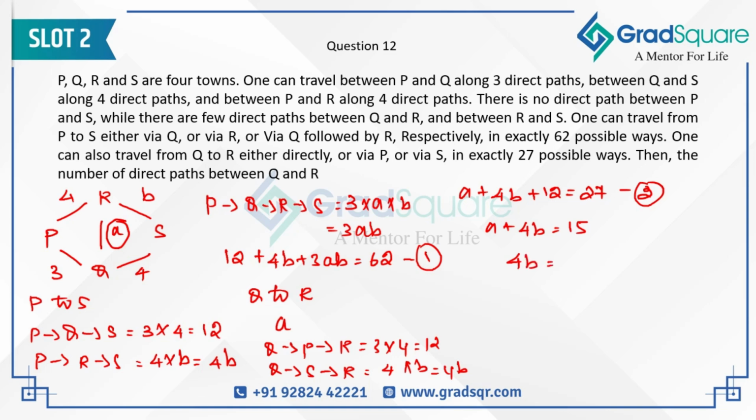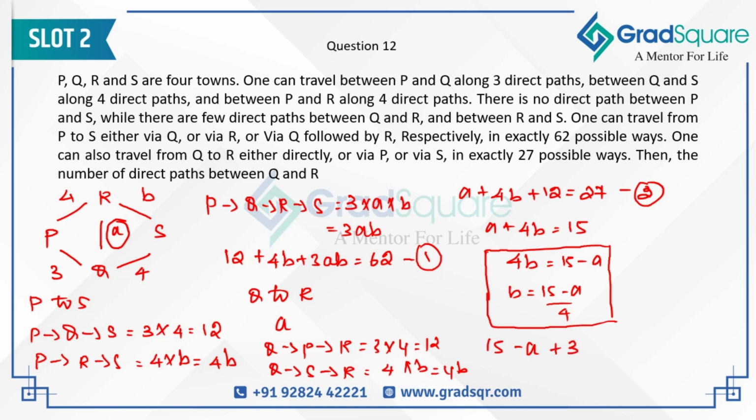or else 4B is equal to 15 minus A, or B is equal to (15 minus A) by 4. Now I'm going to substitute this value in the first equation. If I substitute this in the first equation, then it will become 15 minus A plus 3 into A into (15 minus A) divided by 4 is equal to 50.